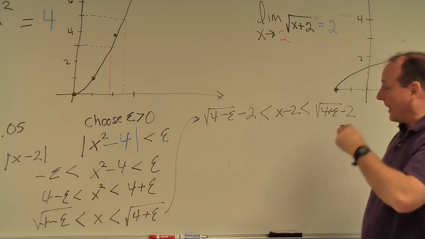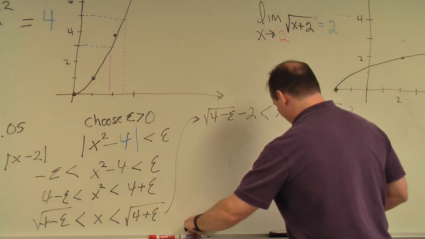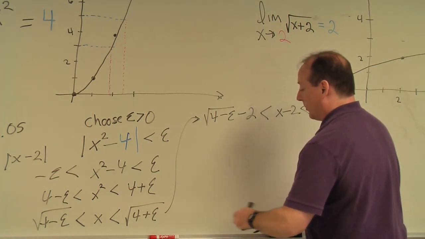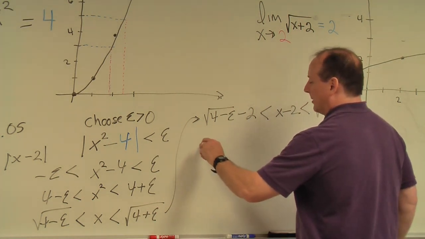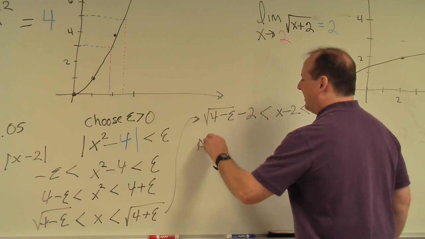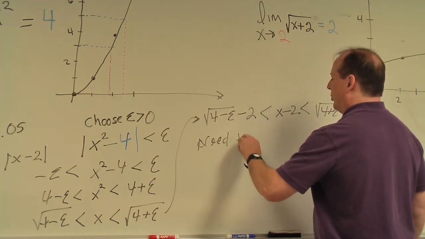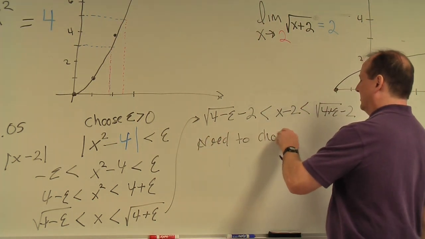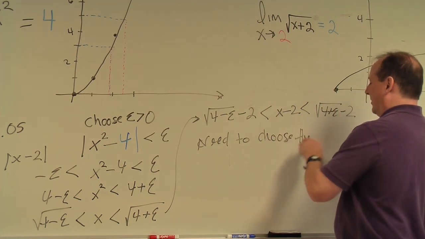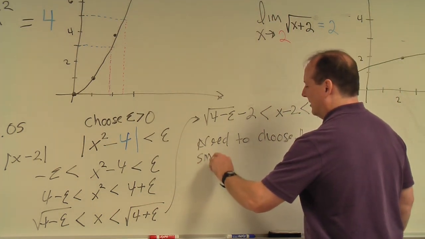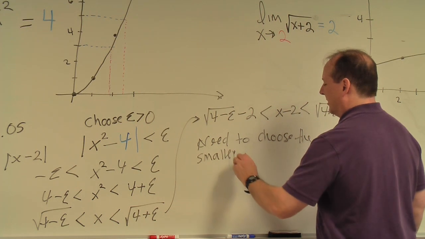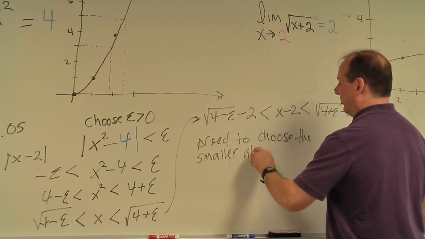So there's a couple of ways that you can do that. So we need to choose the smaller absolute value.